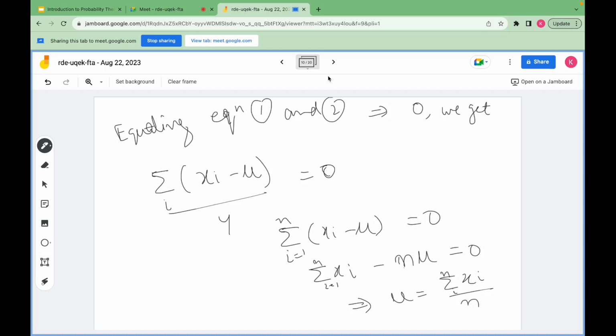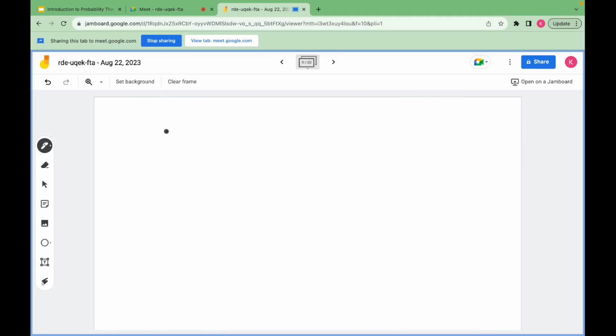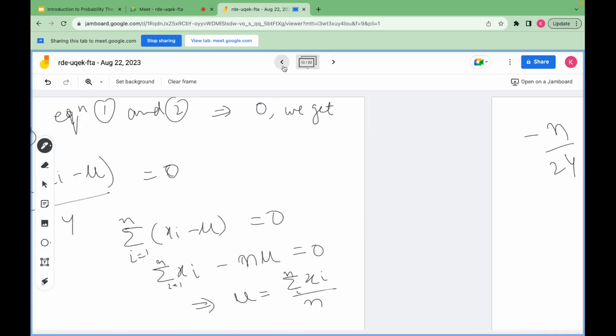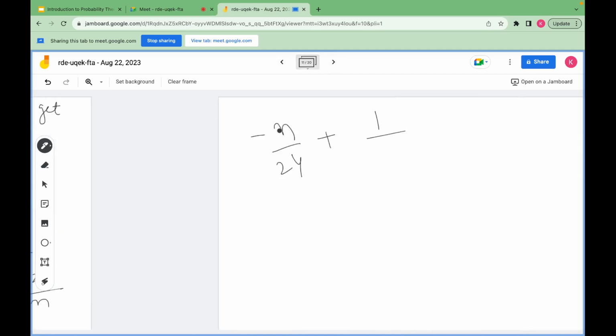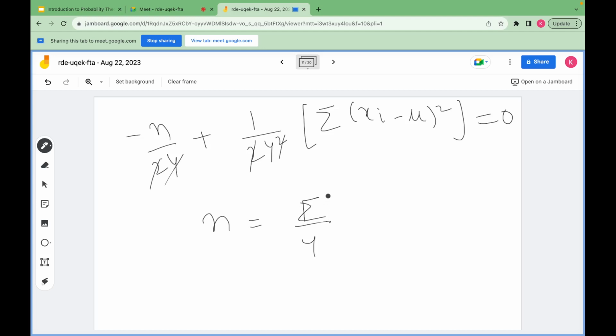And by equation 2, which was minus n upon 2y plus 1 upon 2y square summation xi minus mu whole square is equal to 0, this 2 will cancel out, this y will cancel out, and this will become n is equal to 1 upon y sigma xi minus mu whole square.